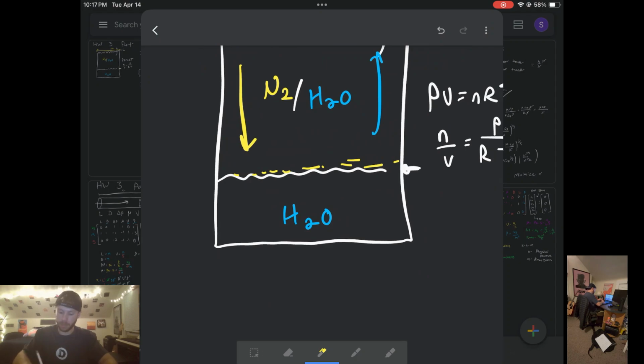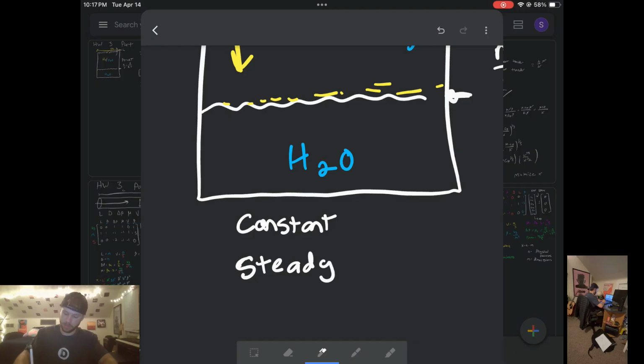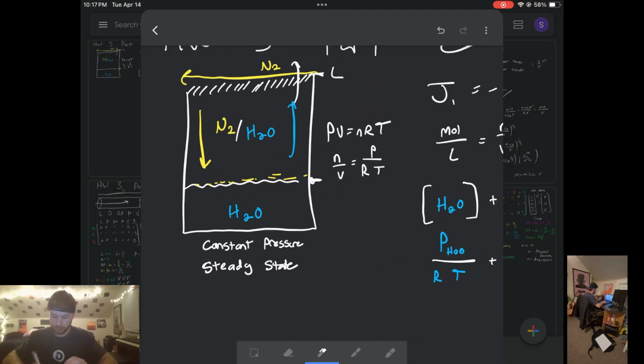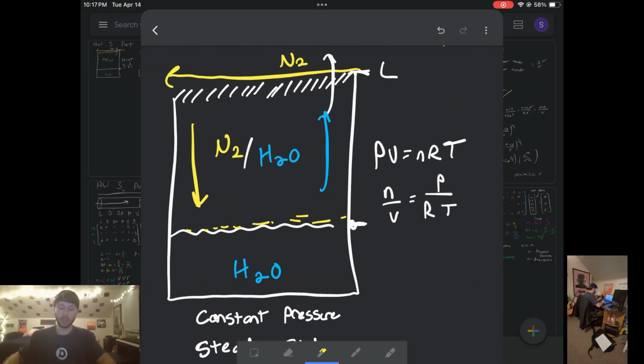So because we are at constant pressure and at steady state, our nitrogen will kind of get stuck in the bottom here.